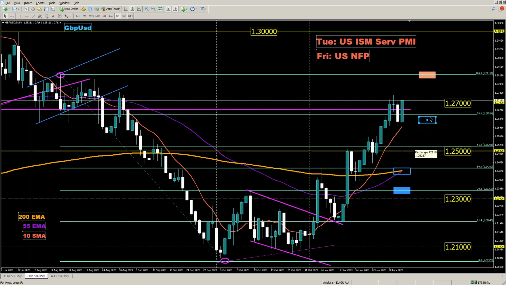Interim support, we can leave it at the 786. Let's move this out. That will be our next key support at the 50 pip. We could actually move this interim support lower to the 125 and the 62 pip.